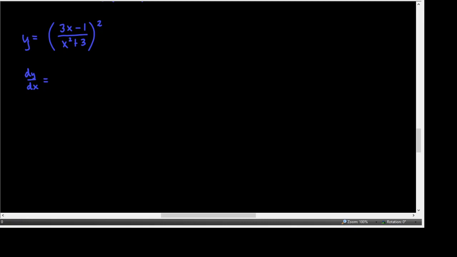So the derivative of something squared is 2 times that something raised to the first. You can ignore my writing that as the first. You can do that in your head and just leave it without that 1 written if you want to right now, but I'm doing it for clarity. Times the derivative of the inside function.